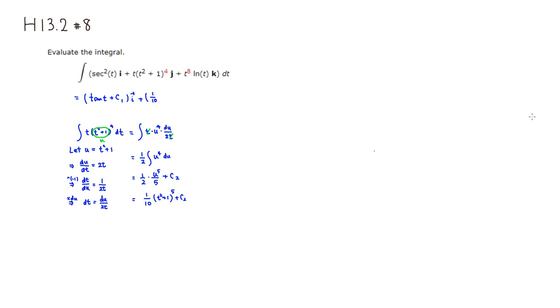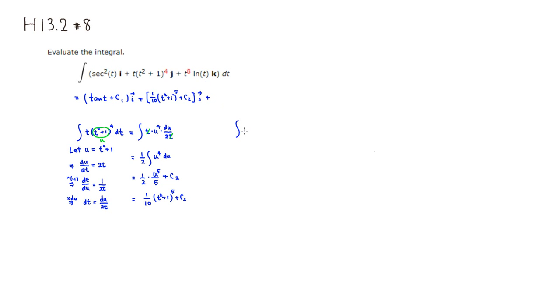I guess I have to use a different kind of bracket here. So this is going to be t squared plus 1 raised to the fifth power, plus c2, times vector j. And the last one, we're going to have to integrate.